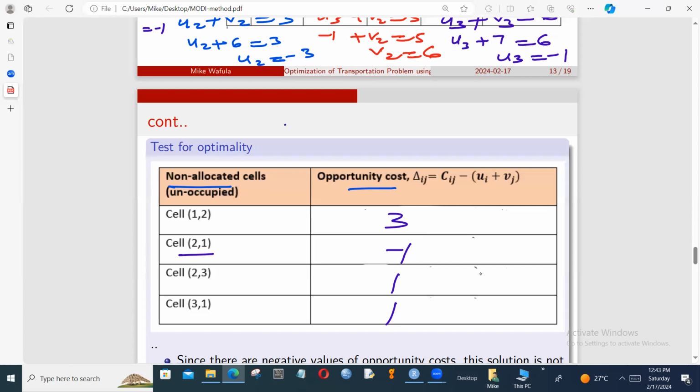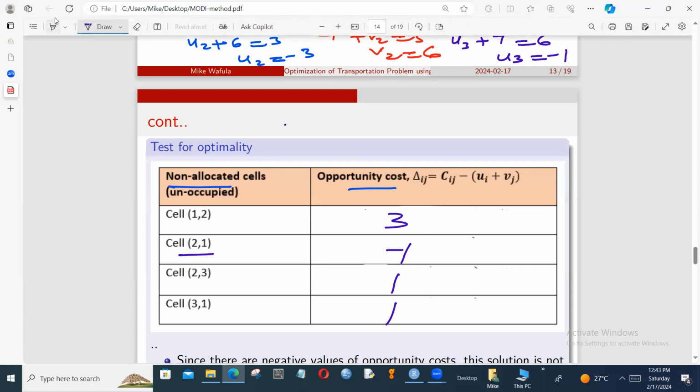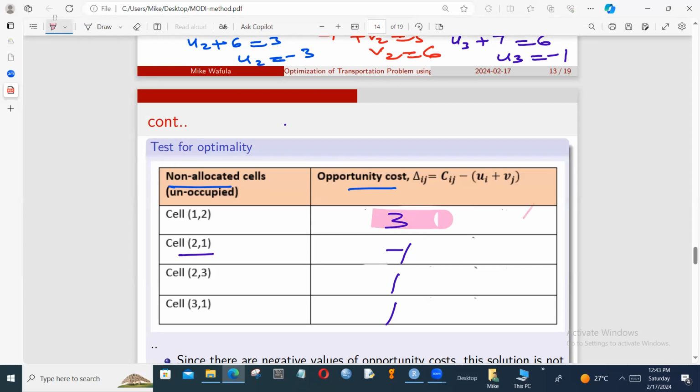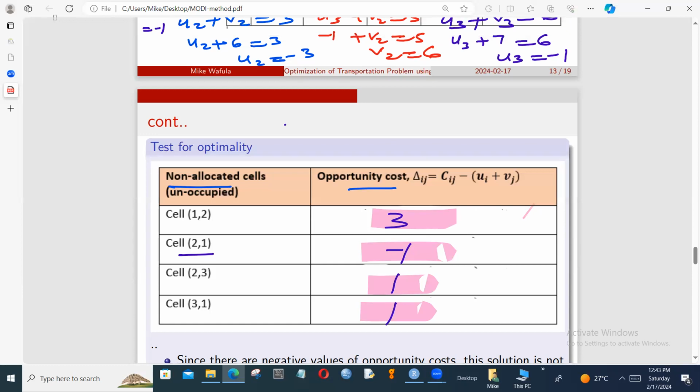So we have calculated the opportunity cost associated with the unallocated cells. The test will only be said to be optimal if all these values are 0 or a positive number.